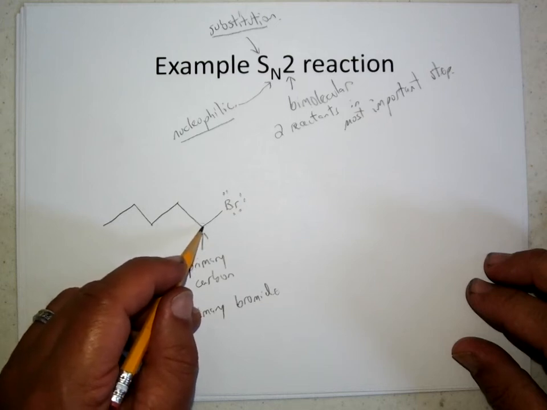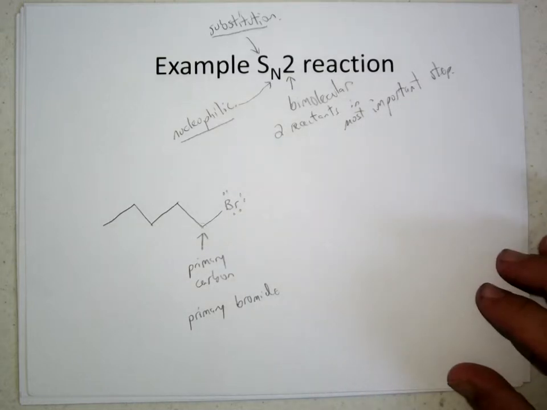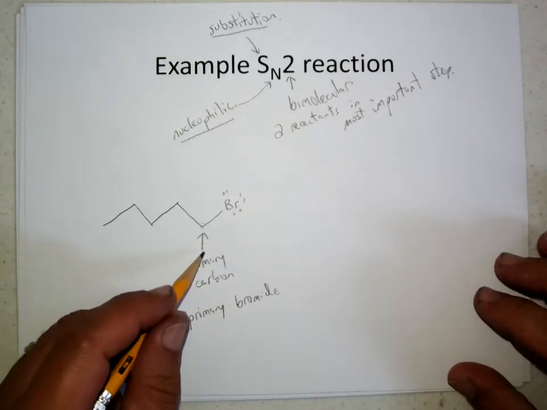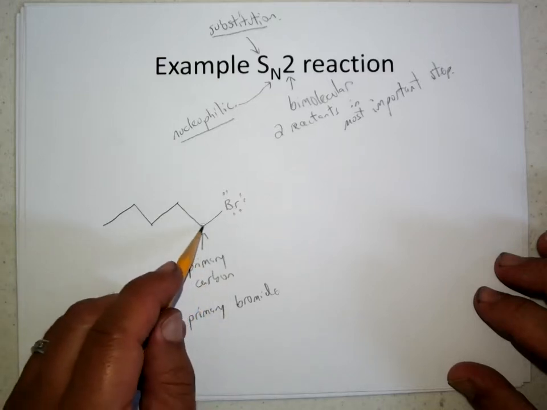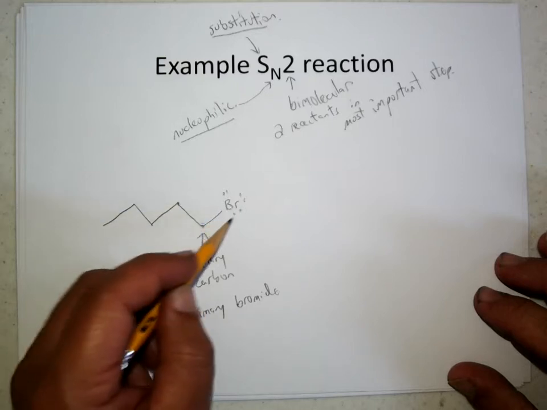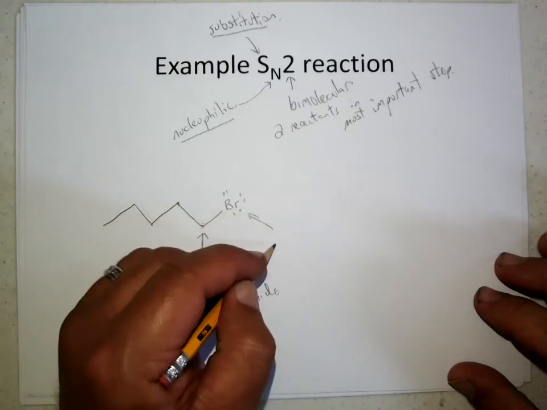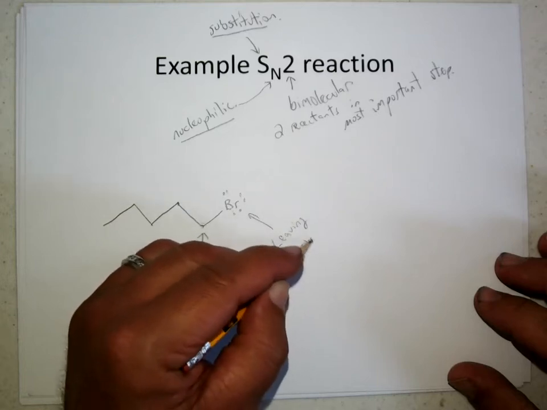It's not an electron pushing arrow, but then I'm going to use an electron pushing arrow maybe on the same page, so you have to make sure you understand which arrow is doing what. This is just saying this carbon here is a primary carbon because it's only attached to one other carbon. The leaving group, the thing that's going to leave, is the bromine.